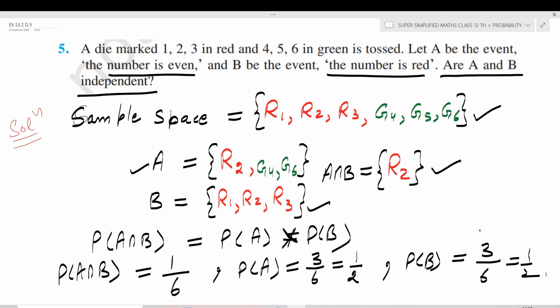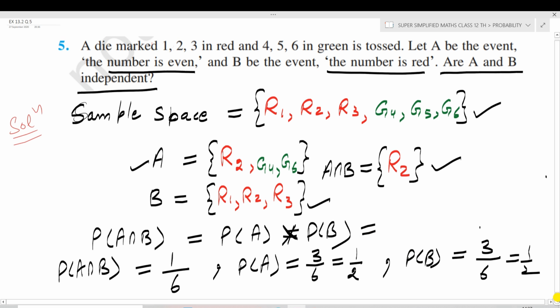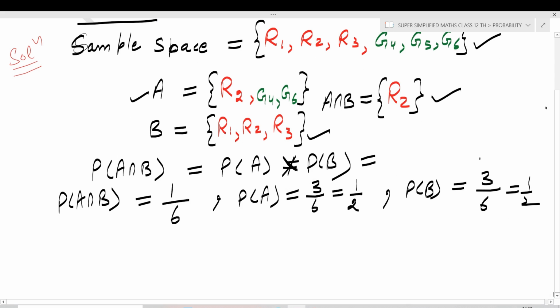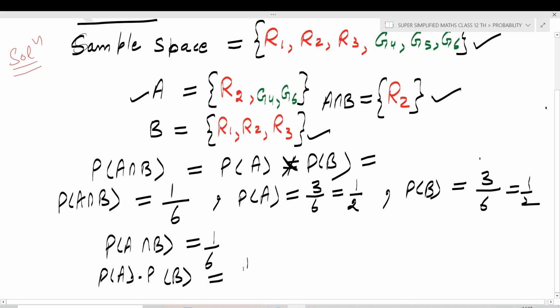So what we see here is that probability of A intersection B is 1 by 6, but probability of A into probability of B comes out to be 1 by 2 into 1 by 2, which is 1 by 4.